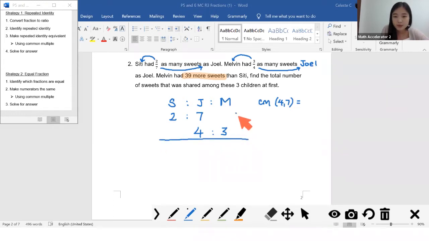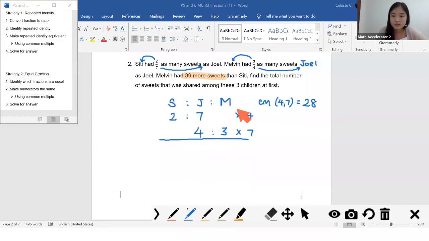You have to multiply 7 by something and 4 by something else such that you get the same common multiple. Yes, correct, 28. So multiply by 4 here and multiply by 7.